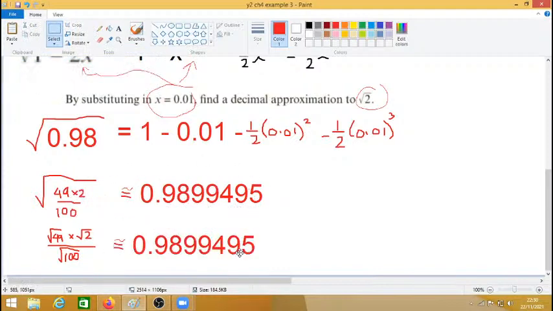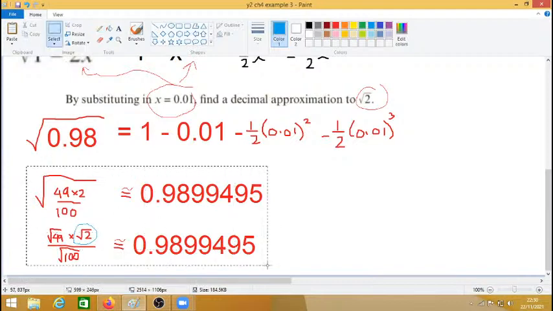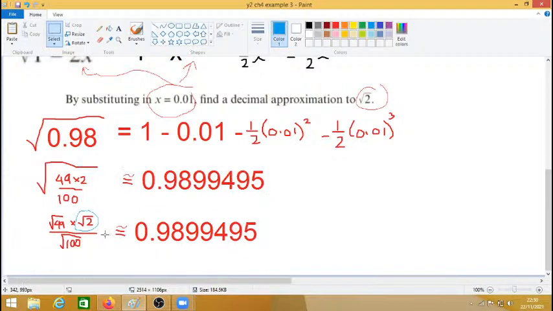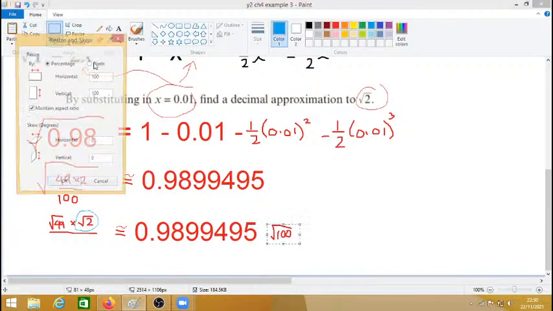And then look back, we just want the square root of 2 on its own. So that means I can take the square root of 100 to the other side, the square root of 49 to the other side, and I'll be done. The square root of 100 can come to the other side, so that's times by square root of 100.